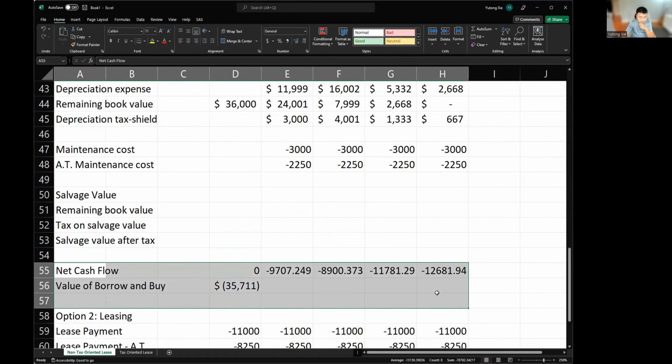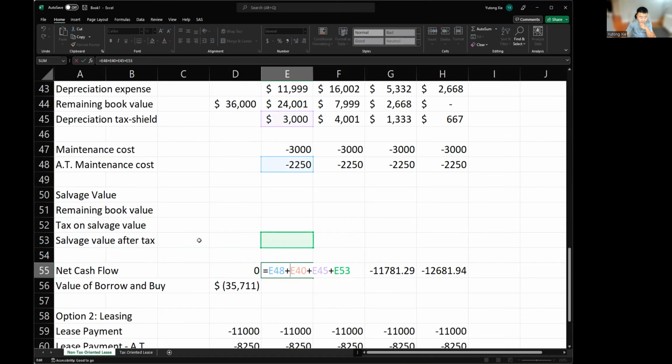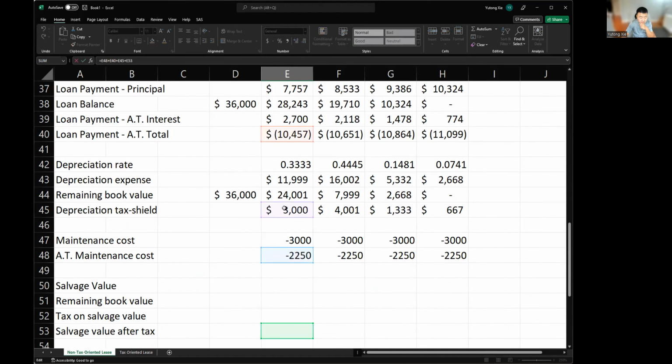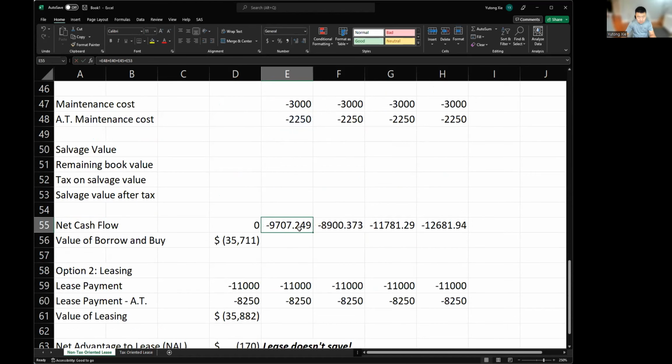Okay, so then we don't have any salvage value. Then we have the net cash flow. So net cash flow will be, there's no salvage value, after-tax maintenance plus depreciation tax shield, then minus the after-tax loan payment, right? So I'm going to again format these a little bit. Okay, so I think these numbers are the same.